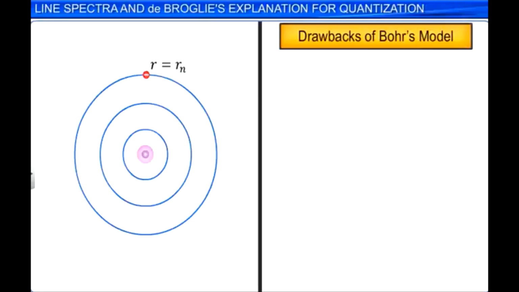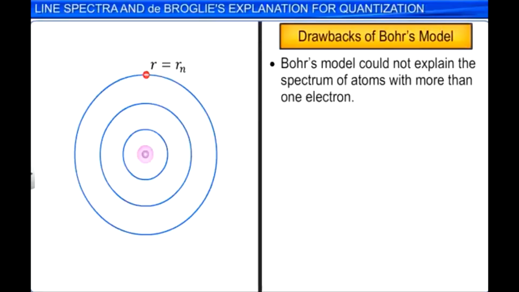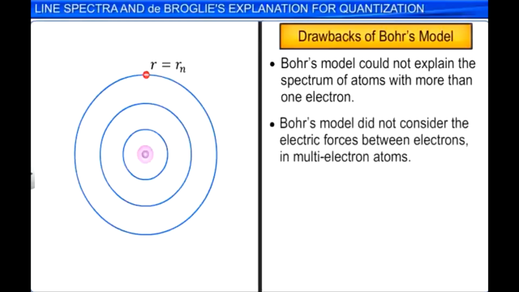Bohr's model included only the electric force between the electron and nucleus, but it did not take into consideration the electric forces between electrons in multi-electron atoms. Though the frequency of spectral lines was correctly predicted by Bohr's model, some frequencies are relatively more intense than the others. Bohr's model could not explain this fact.